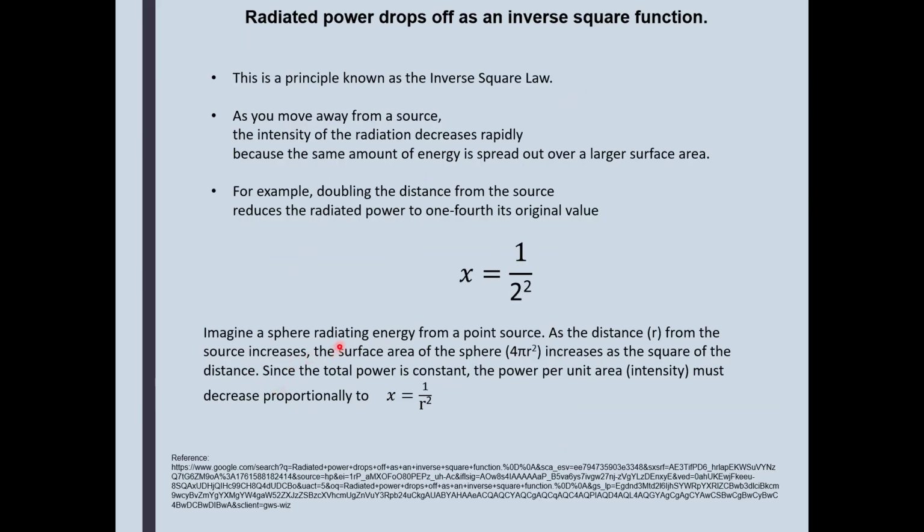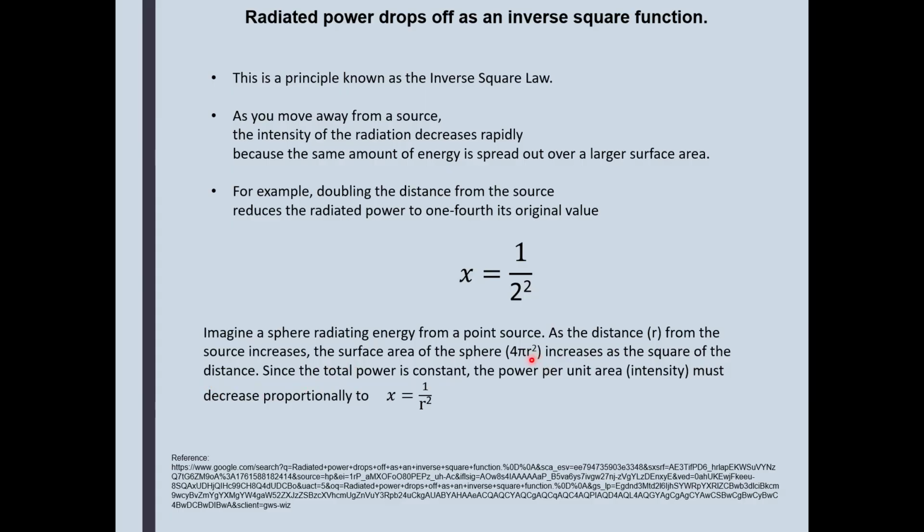Imagine a sphere radiating energy from a point source, an isotropic point source, as the distance r from the source increases. The surface area of the sphere, which is 4 pi r squared, increases as the square of the distance.